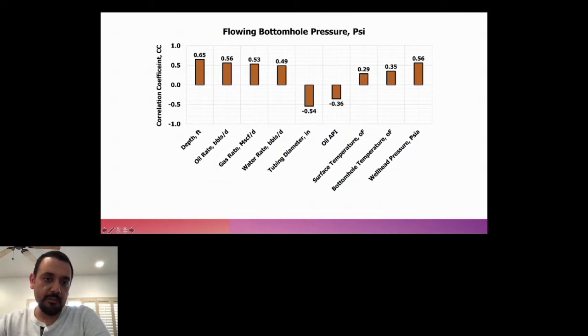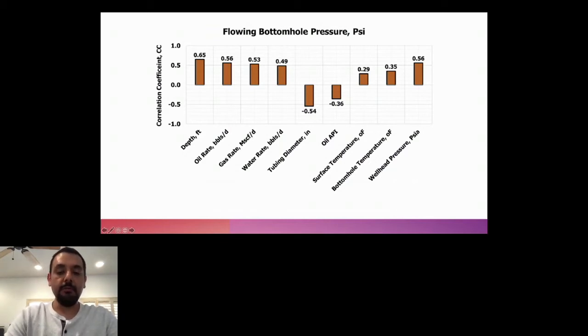And so this leads to the point that we need machine learning to help us, using maybe neural networks or nodal analysis, to create the possibilities for being as close as possible to the real-time flowing bottom hole prediction.